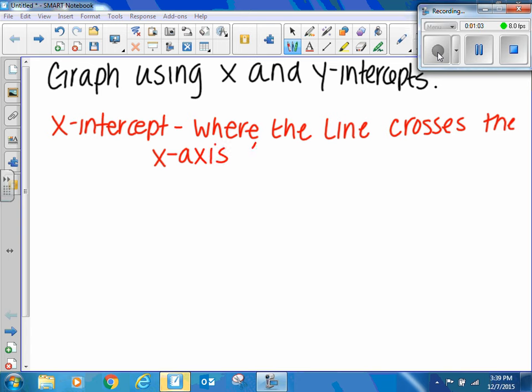And this is also where the y value is 0. Okay, so when we cross the x-axis, the y value is 0.